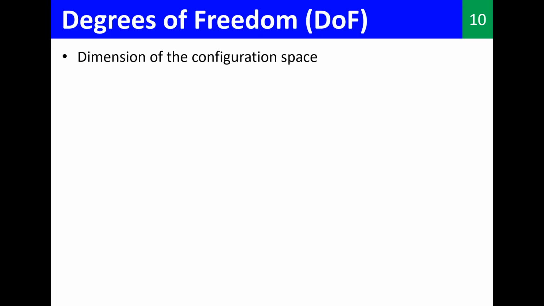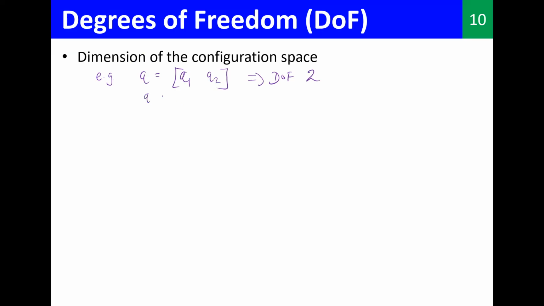By the way, does anyone know what is meant by the degrees of freedom? The simplest way to put it in our sense is that it is the dimension of the configuration. If I have q equals q1 and q2, this is a manipulator with two joints, so the degrees of freedom are 2, based on these two joints.